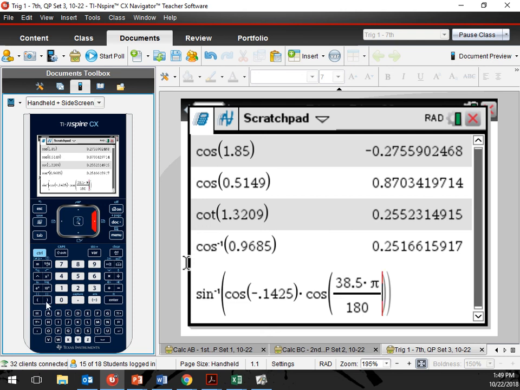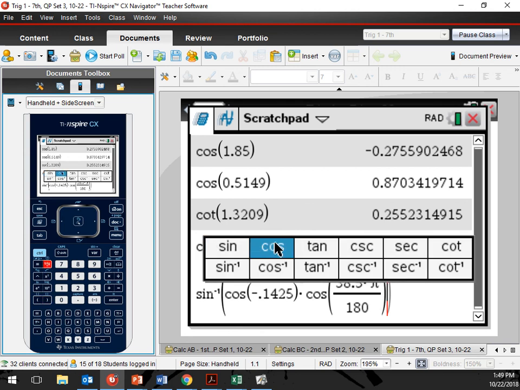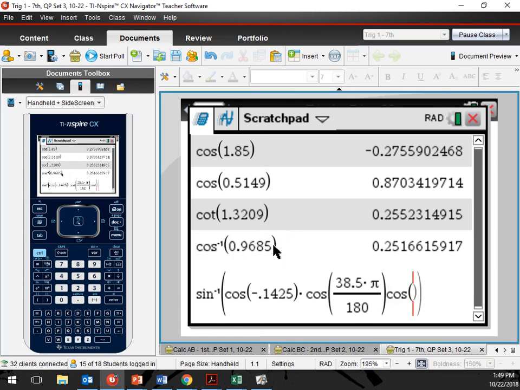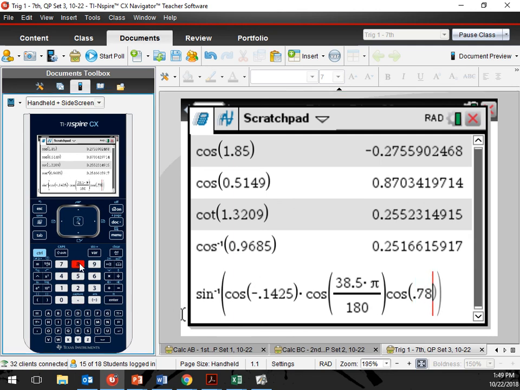That's crazy. What if we miss one thing, you get the whole thing wrong? I know, right? That's what I just did. Cosine of 0.7854. Close. So now it's plus sine.